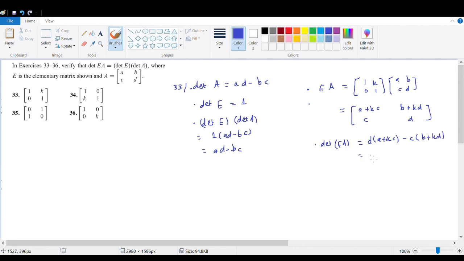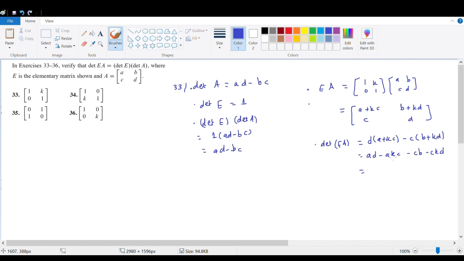This will give us AD minus AKC minus CB minus CKD. Now for this one, here we have AD, then minus AKC. We need it of this form, AD minus BC, to prove this one. So this one is AKC, this one is CKD, is it?